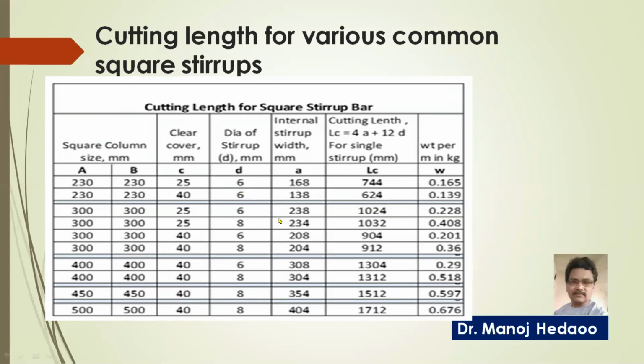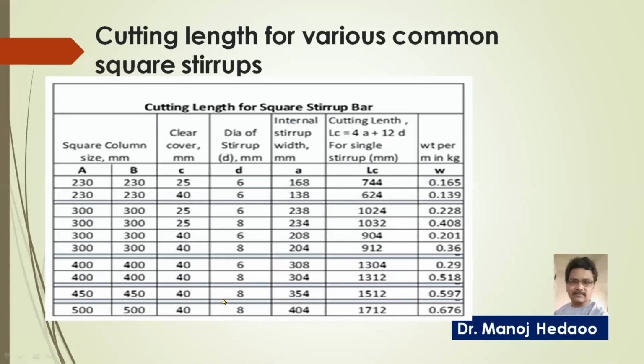So I have classified it. In this way you can calculate the weight, or from this table you can directly take the cutting length and weight. Next is 400 by 400. Here the cover is 40 mm. Again you can use a 6 mm bar or 8 mm. The weights are 0.29 and 0.518.